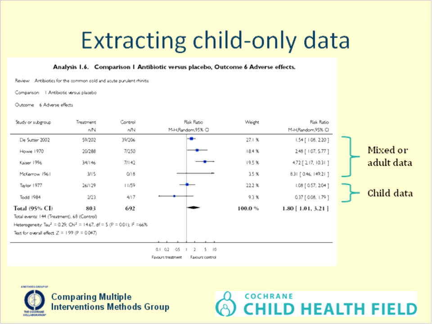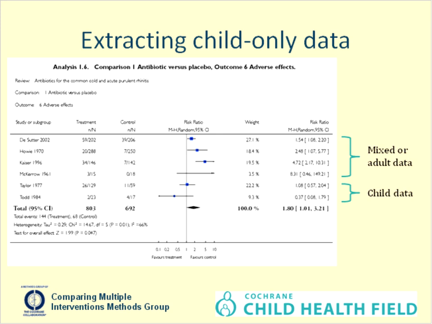So this is a meta-analysis that was taken directly from a review examining antibiotics versus placebo for the common cold. This review was included in our sore throat overview, and the outcome that we're looking at here is adverse effects. And of course, we're interested in the child-only data.